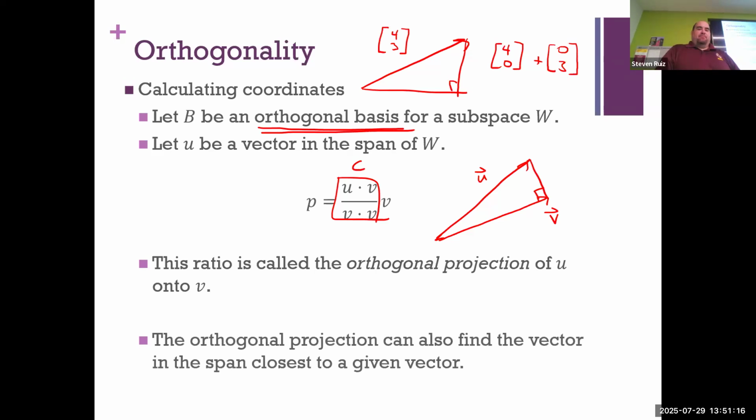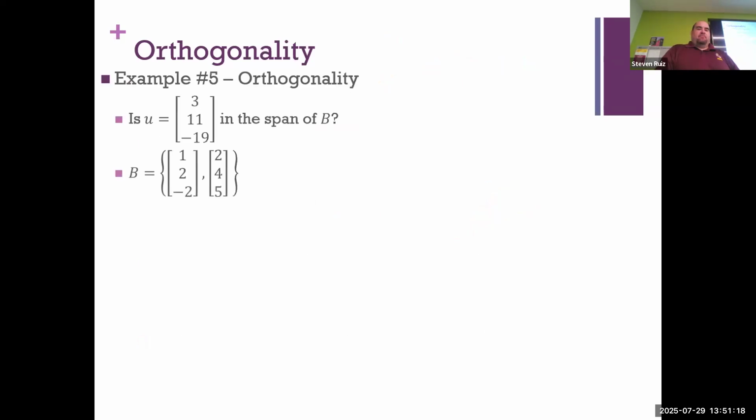All right. So let's do one more. Is this thing in the span of B? Do we need the augmented matrix to tell us this? Or could we jump straight to our dot product scheme? Will that dot product method even work here?